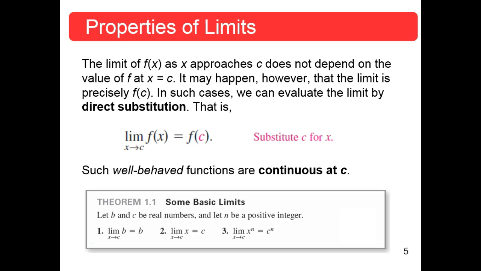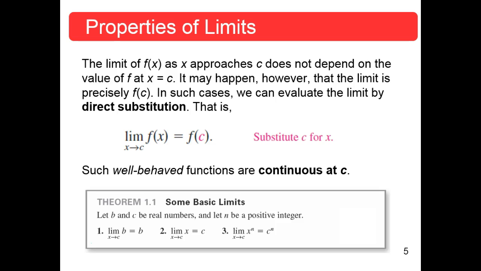If you get an impossible situation, like 1 over 0, undefined, you know that limit doesn't exist. If you get a value, 12, 15/3, whatever, that's the limit. If you get something like 0 over 0, and we'll hit a few others, then those are indeterminate. Then you have to start scratching your head and doing other things. First thing you do, plug it in. That tells you which way to go from there.